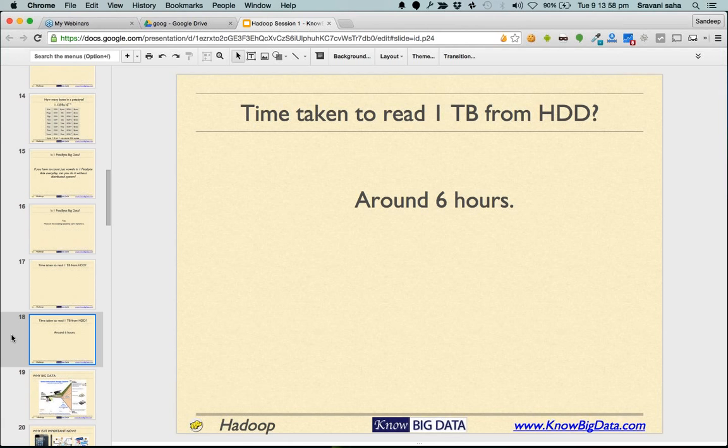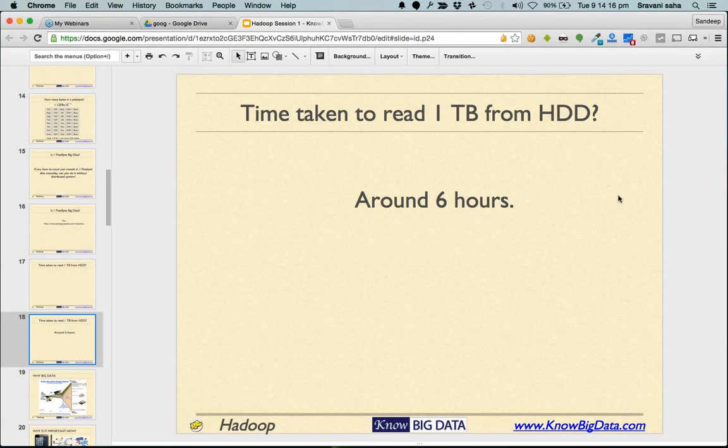That is around 250 days, if it is stored on a big disk.